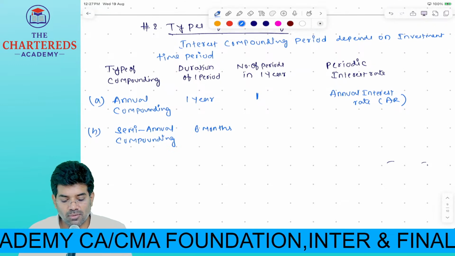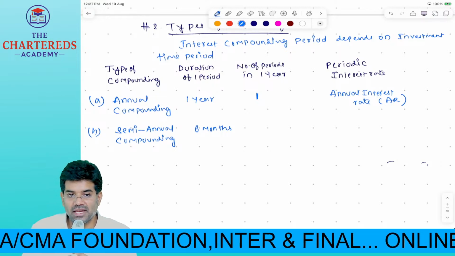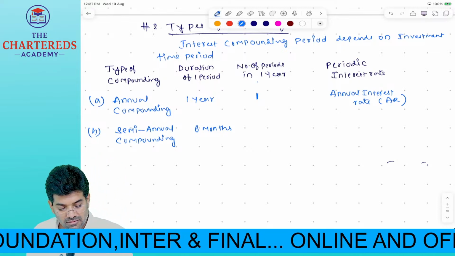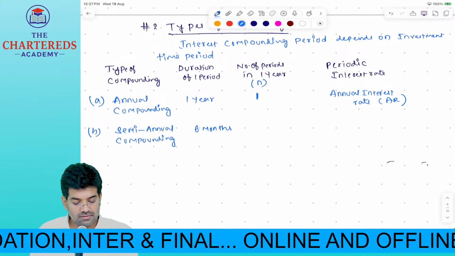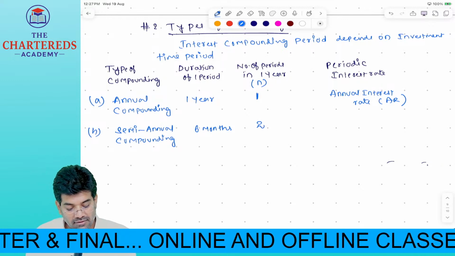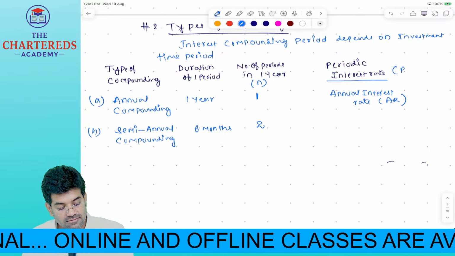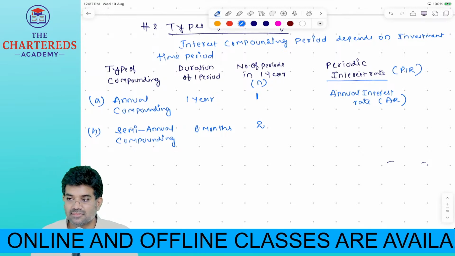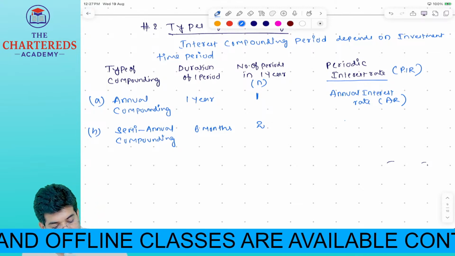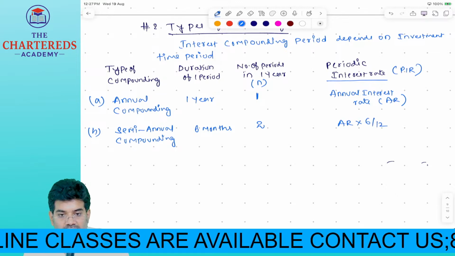In 1 year, how many 6 month periods will you have? 2. So the number of periods in 1 year is 2. Periodic interest rate: annual rate into 6/12.